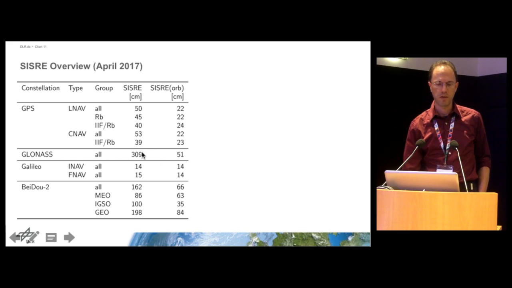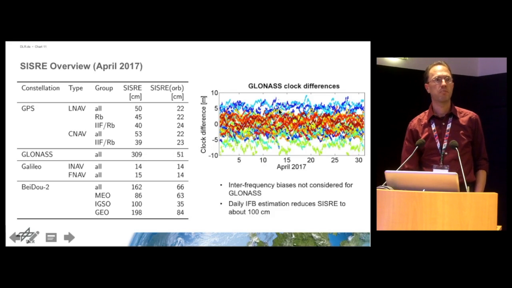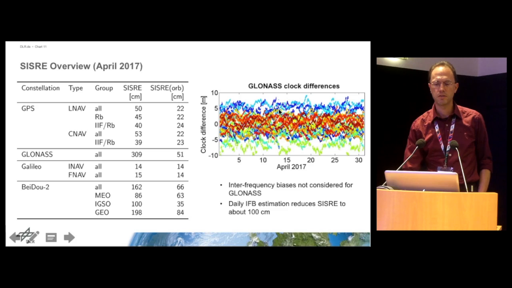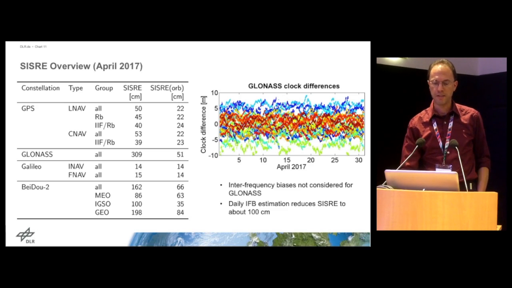For GLONASS, we have a quite large value of 3 meters for the SISRE, and this is related to the clock differences, or basically the interfrequency biases that are not considered in the SISRE monitoring for GLONASS. So you can see here the time series of clock differences between broadcast and precise products. And if in addition daily interfrequency biases are estimated, this value improves to about 1 meter.